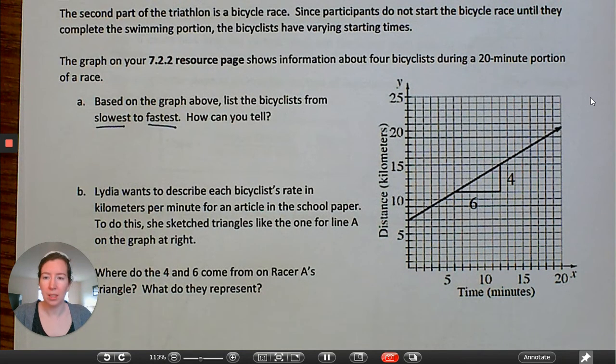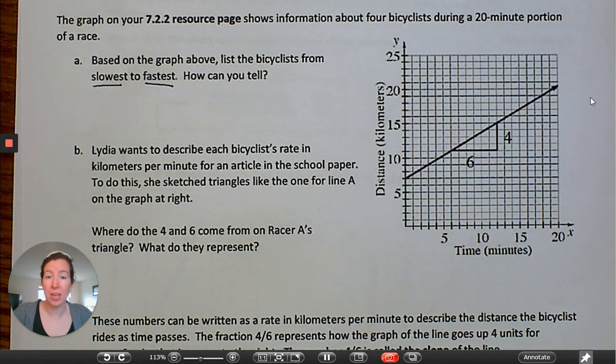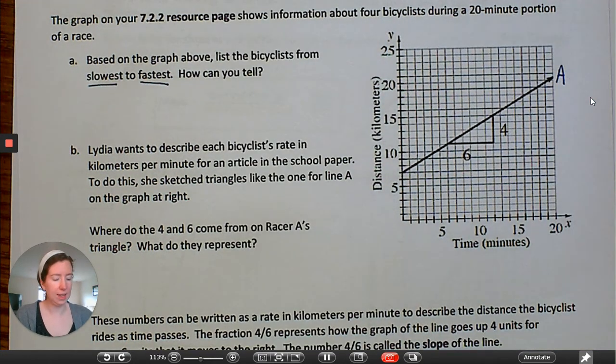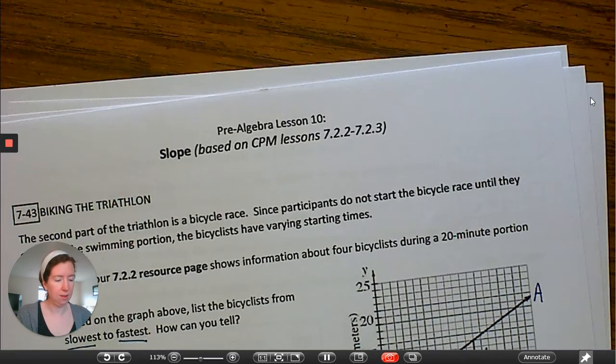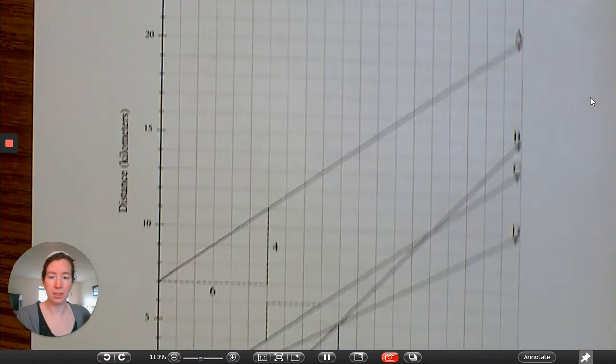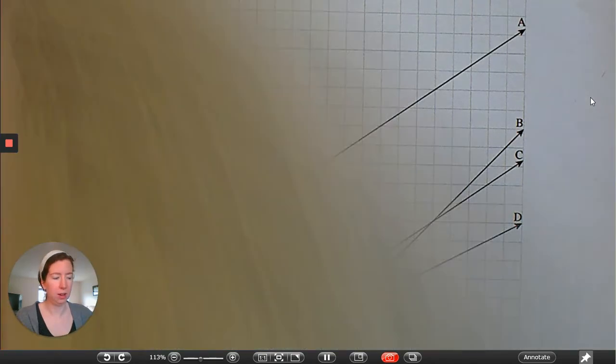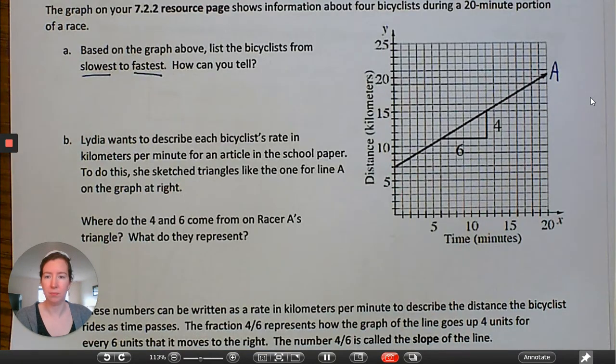Okay, so Lydia wants to describe each bicyclist's rate in kilometers per minute for an article in the school paper. To do this, she sketched triangles like the one for A that's shown on the graph. So this line is the exact same as A on this resource page. You can see the triangle there and the triangle here.